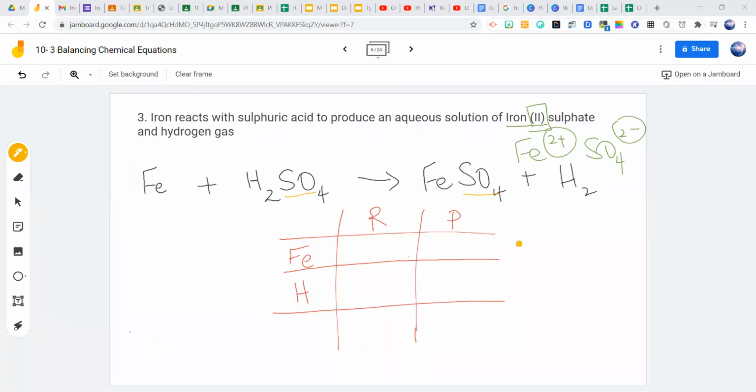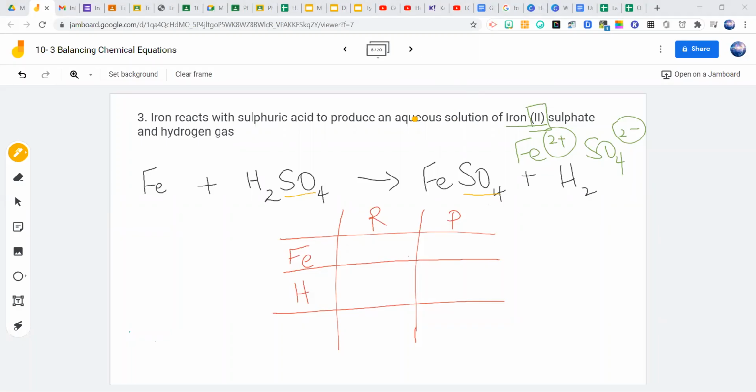Let me repeat that for you. Ladies, if there's a case where you have polyatomic ions and they are the same on your reactant side and your product side, then you use it as one unit.